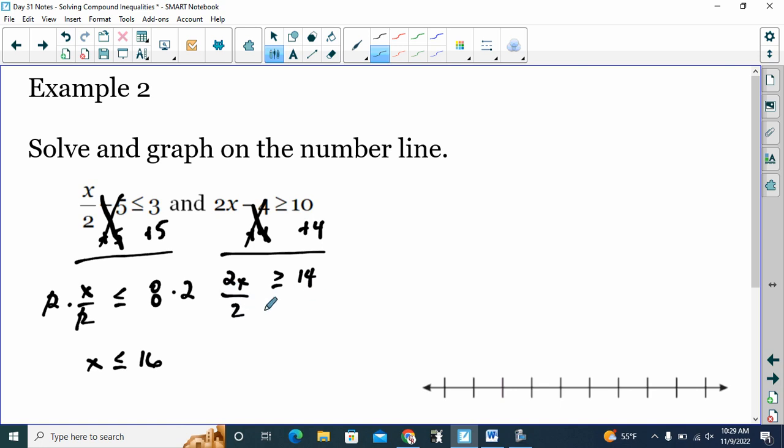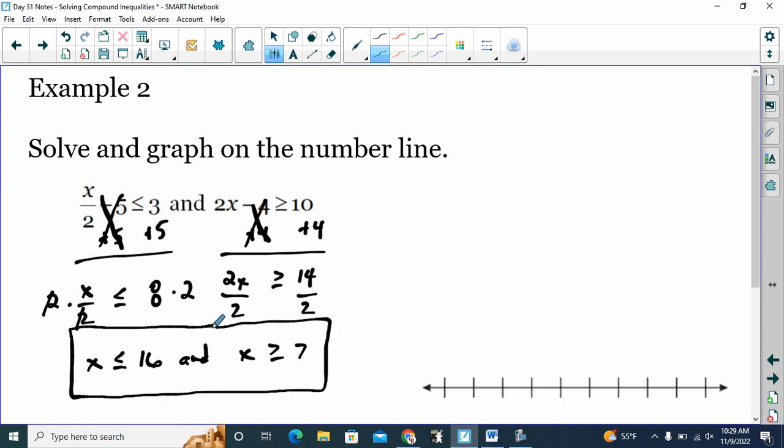I divide by positive 2. I don't flip my inequality there either. The problem said and, so my solution should say and. x is less than or equal to 16, and x is greater than or equal to 7.